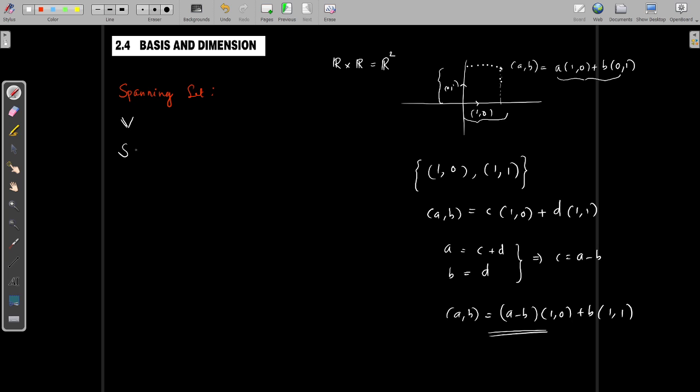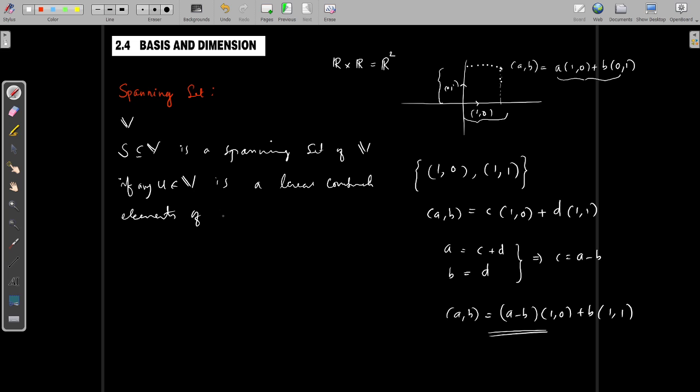A subset S of V is a spanning set of V if any u belonging to V is a linear combination of elements of S. This is the definition of a spanning set.